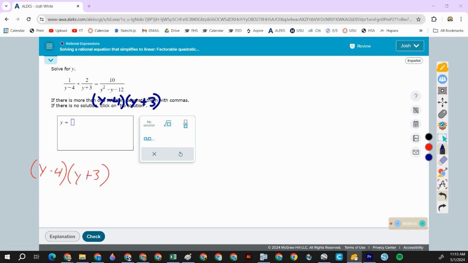So this first fraction needs a y plus 3 over y plus 3. The second fraction needs a y minus 4 over y minus 4. And the third fraction already has everything. So I'm going to delete the denominators, but I have to remember y cannot be 4 or negative 3.